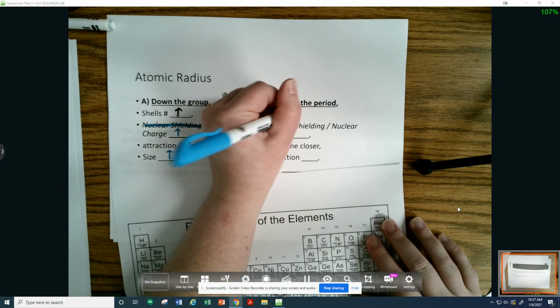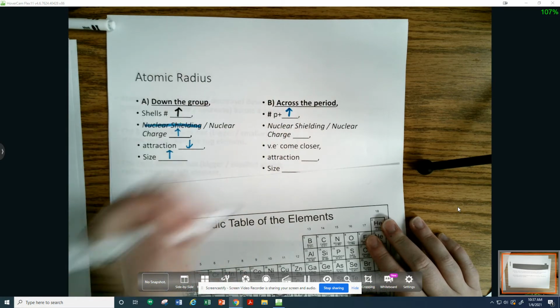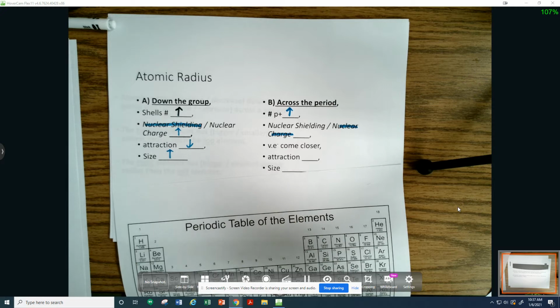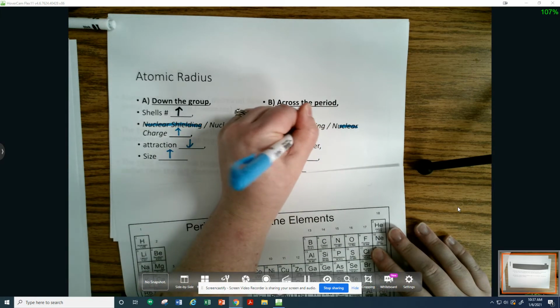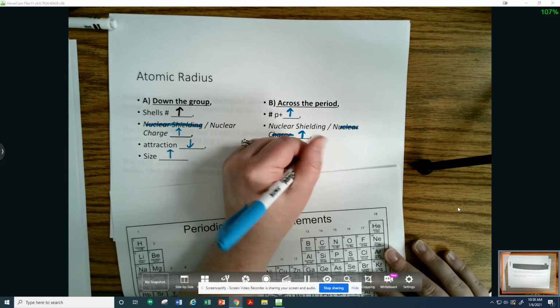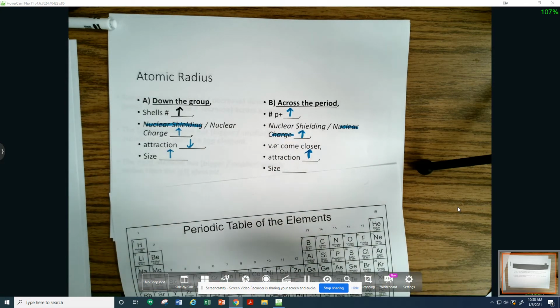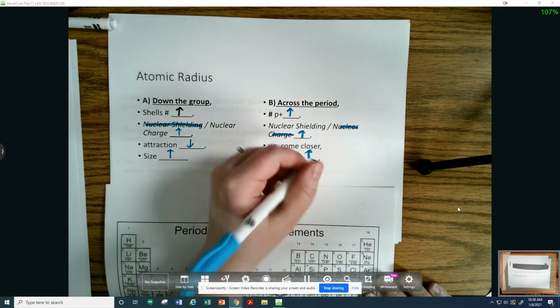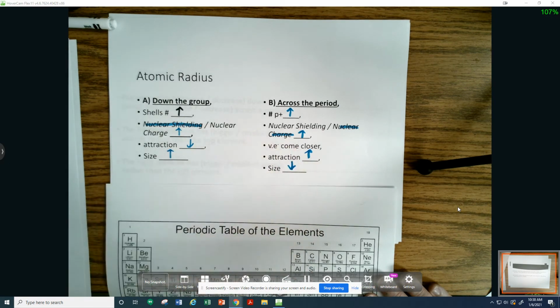So the nuclear charge, the number of protons in the nucleus, is increasing. Those valence electrons are going to get closer to that nucleus, and so the attraction increases. Those protons have more of a pull on those electrons as we make our way across. And so the size therefore gets smaller.